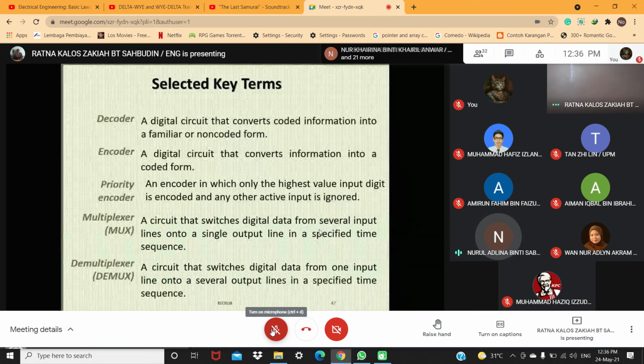Value inside it, it will give you. Apa dia? Okay, dah ready?